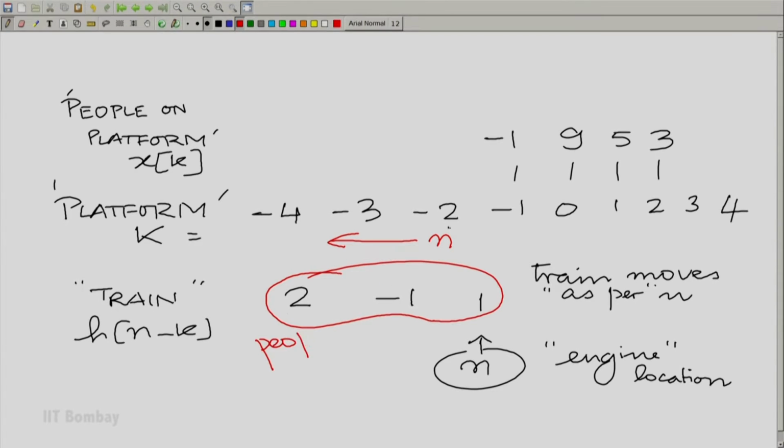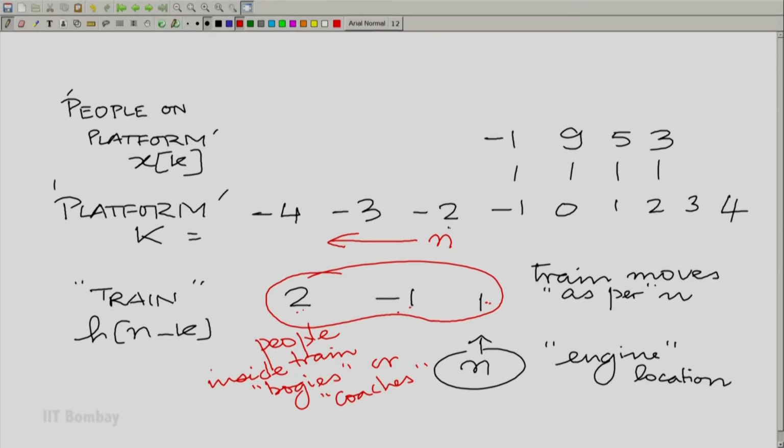We call these people inside the bogies or coaches. So, at the 0th bogie, or you can call it the nth point, you have the person sitting number 1. At bogie number n minus 1, you have -1. Of course, when I say n minus 1, I am talking about the position of the bogie right now, but actually it is bogie number 1. And in bogie number 2, I have the person 2 sitting inside.